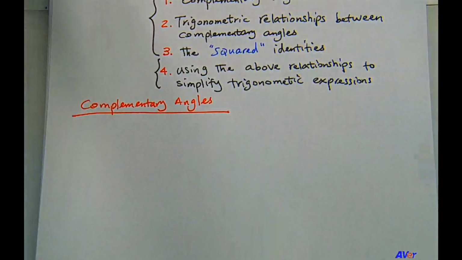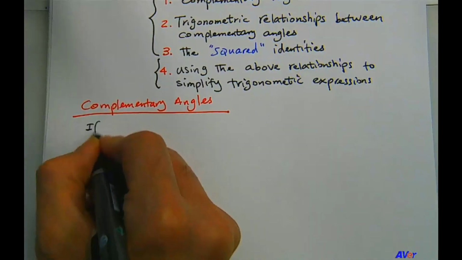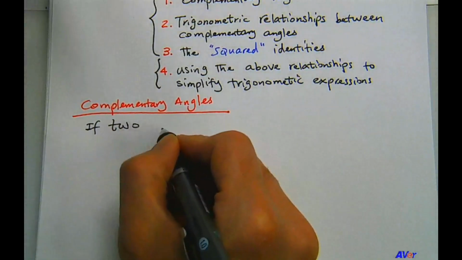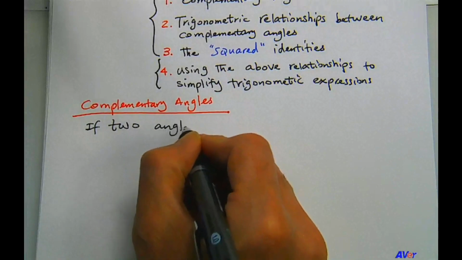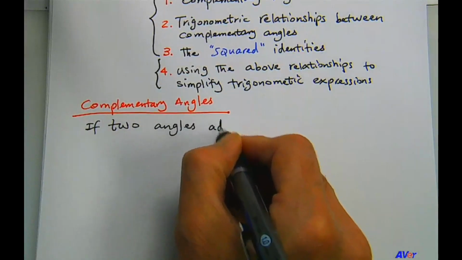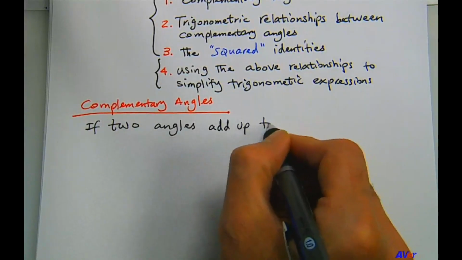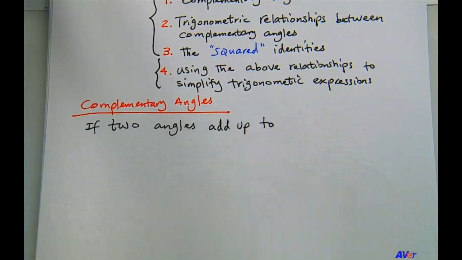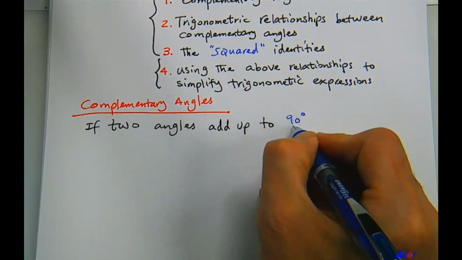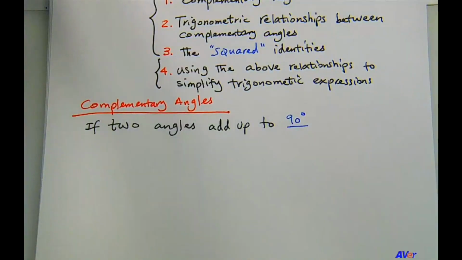Complementary angles are angles that if you add them up, you will get 90 degrees or pi over 2. So let's write that down. Add up to, I'll just write it down in degrees and radians.